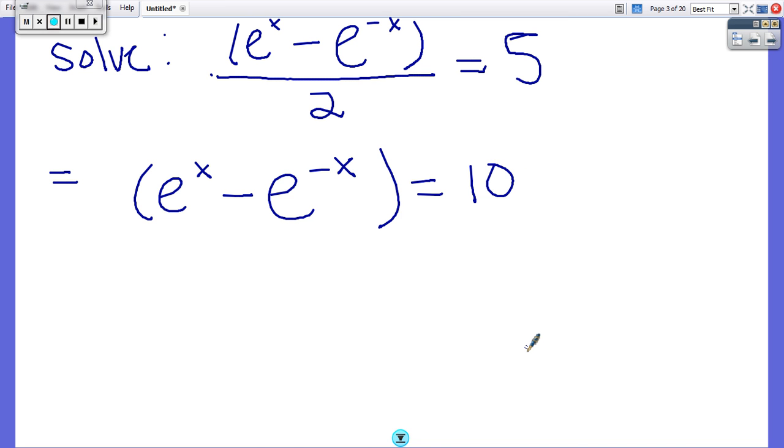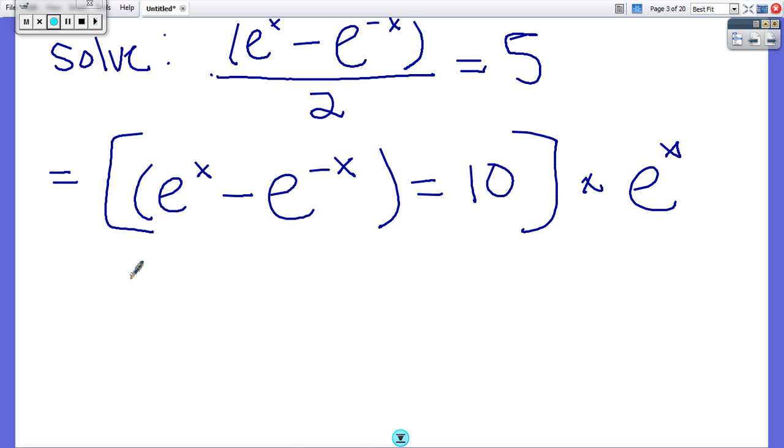Well, I can't really do too much with this right now, so I want to try and get rid of something so I can make it look like a quadratic function. How I do that is to multiply by e to the x, multiplying the entire equation by e to the x.